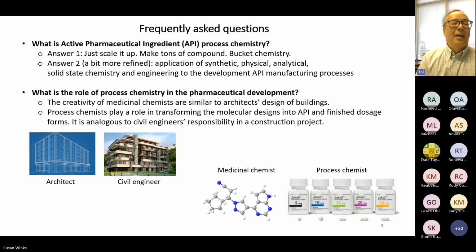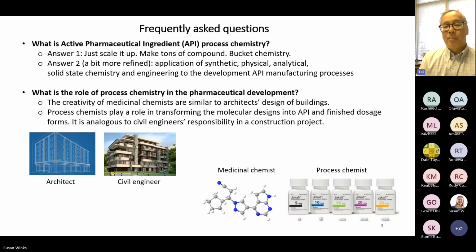You can look at the four pictures over here that will give a good analogy of the role that process chemists play in pharmaceutical development. I know many of you are medicinal chemists, very creative people, who come up with molecular designs to fit medical needs. It's just like an architect designing a building for some specific purpose or aesthetic, and putting that idea into a blueprint. And the civil engineer has the job to put the material together, take the ground, and put the building up.